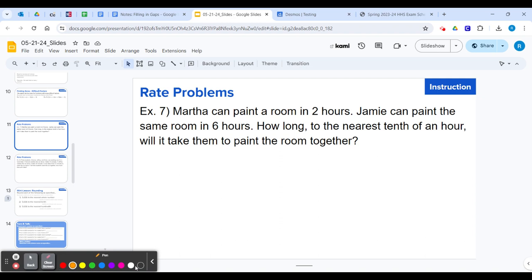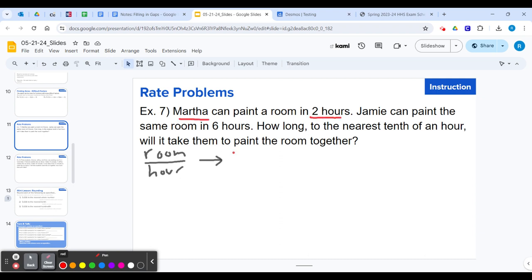So really, this is a speed problem. We have to think of this as room per hour, that is the speed we're working in here. If I want to find the room per hour for Martha, she can paint a room in 2 hours.